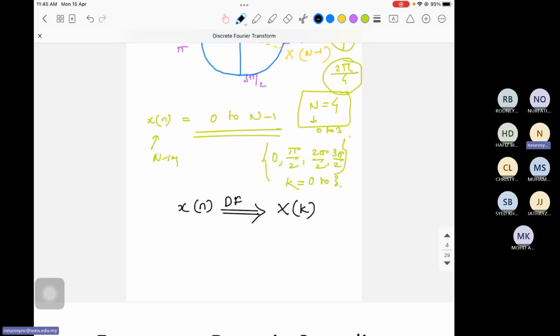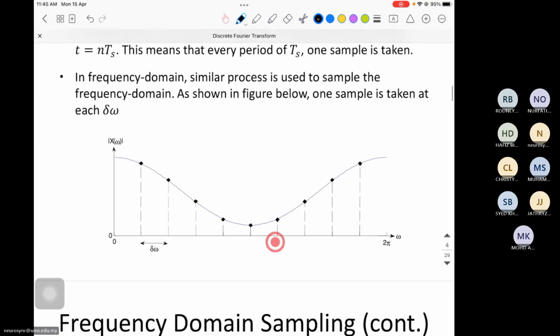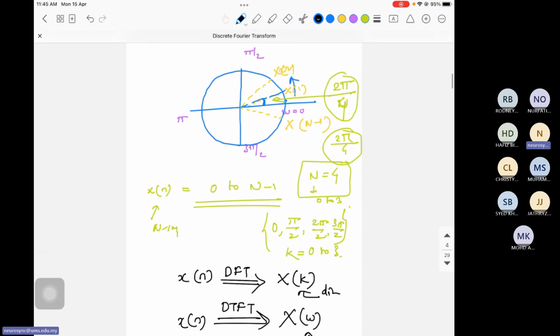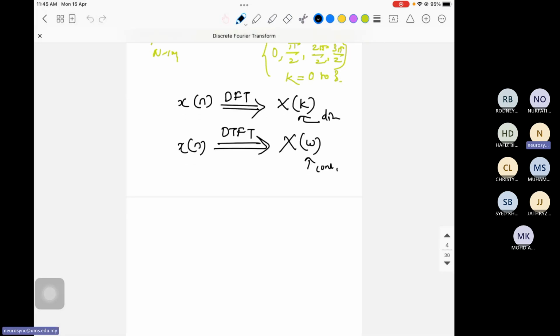This is the DFT. In the DTFT we got X of omega from x of n, and this omega was continuous in that case, and it is discrete in this case. Now how do we define this DFT? I say that X of k is the DFT of x of n.